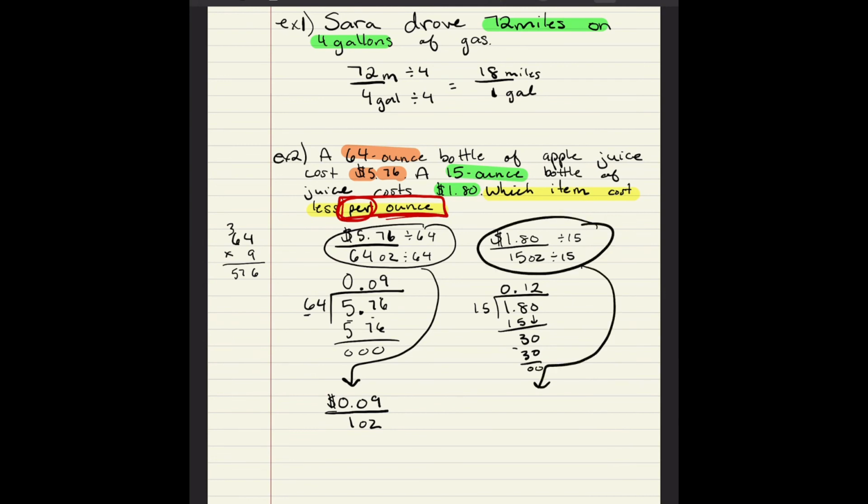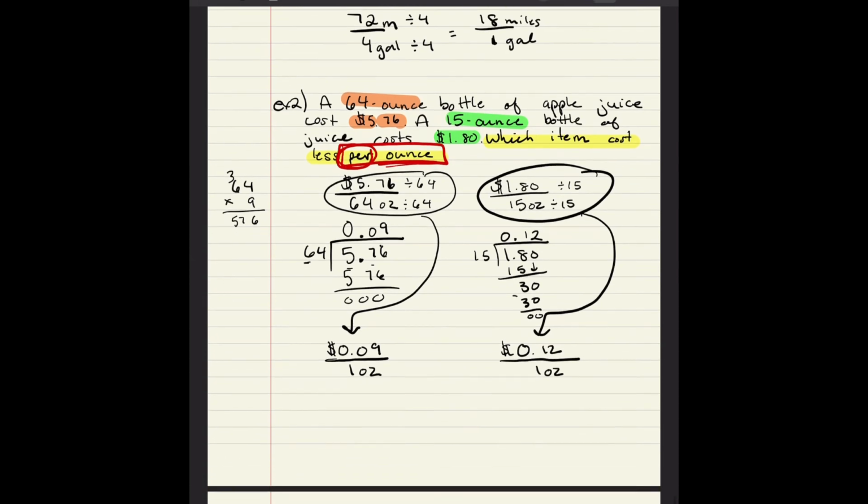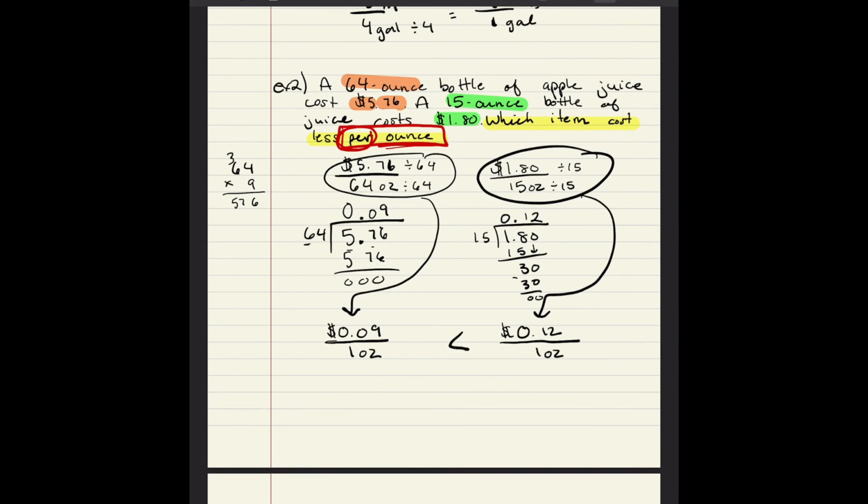So for this ratio, we found the unit rate. So for 1 ounce, it costs $0.12. So now we can compare these. This is greater because 12 cents is more than 9 cents.